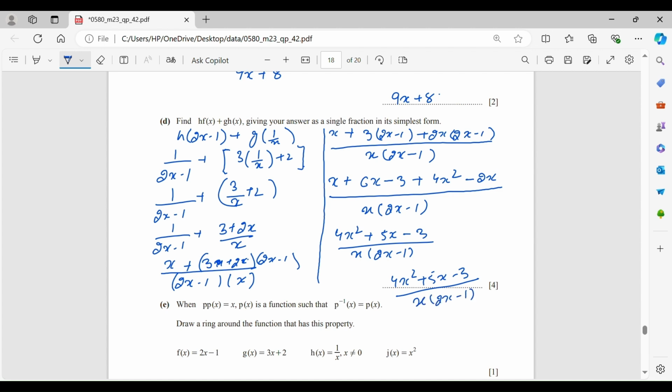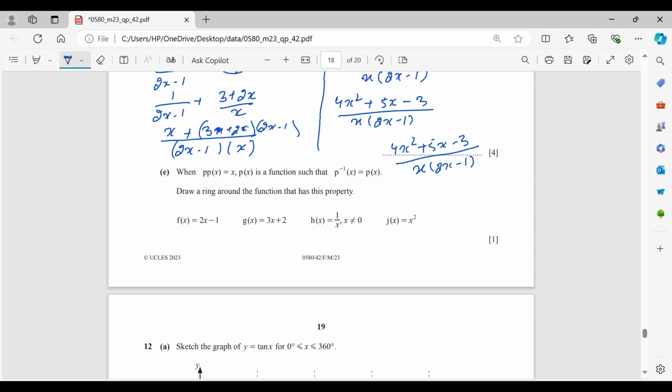Now the last part, E part of this question, that is, self inverse, it is inverse of that same function. So this can't be our answer, this can't be, self inverse this can be.